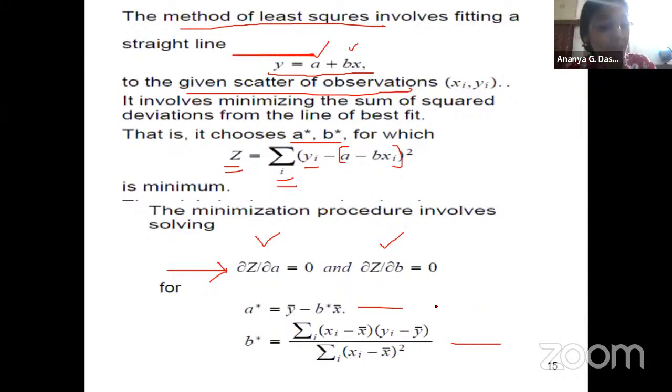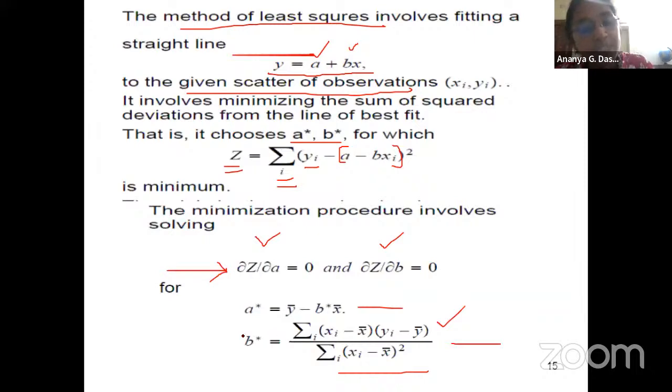So in other words, the intercept is obtained by calculating y bar, that's the average value of y, minus b star into x bar, where b star is simply the covariance of x and y in the numerator and the variance of x in the denominator.